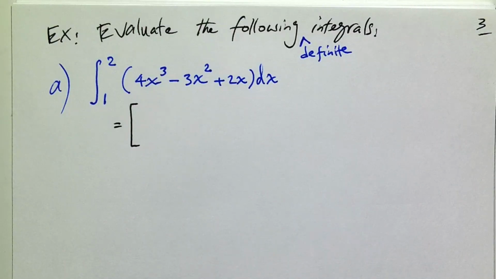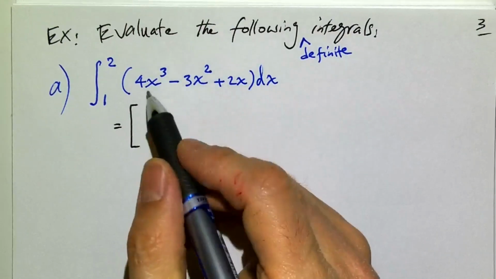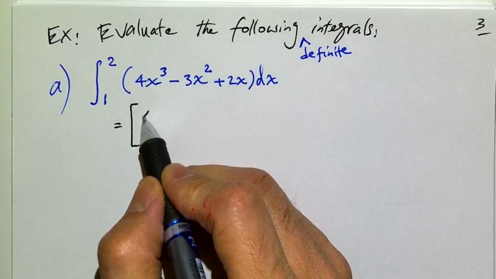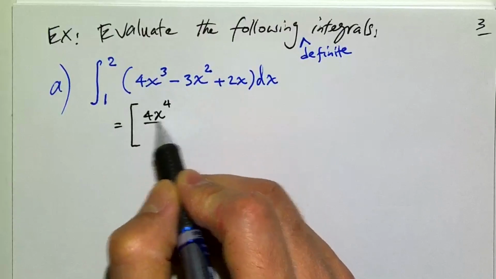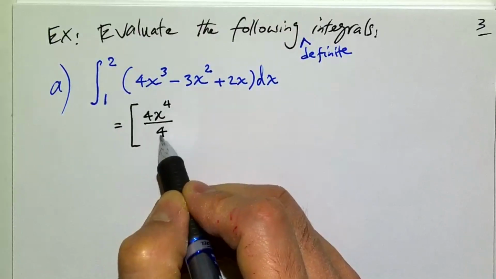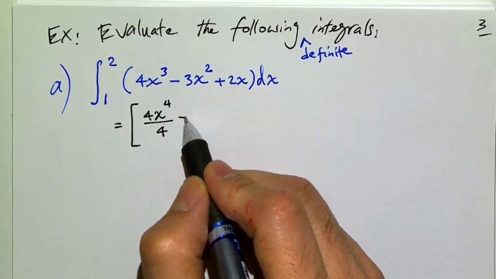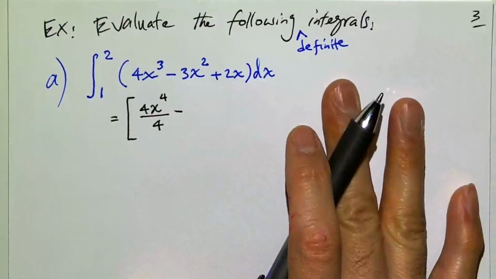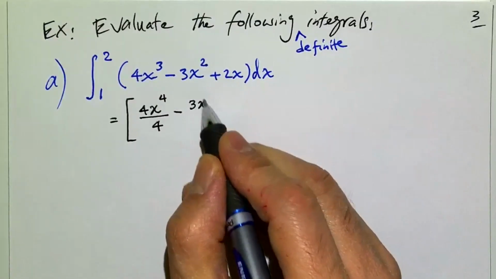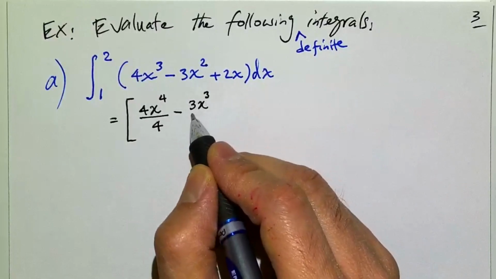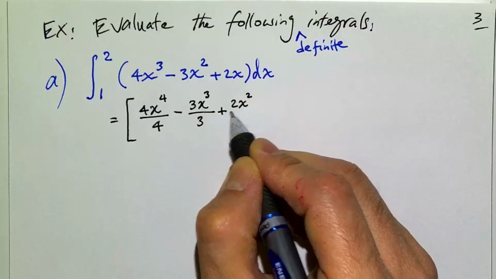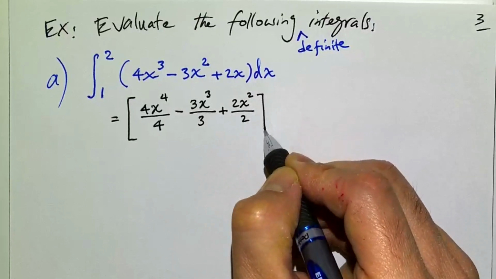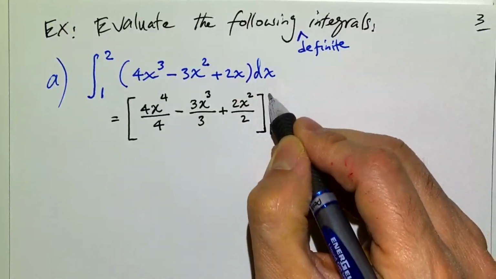Hopefully our solutions agree. Okay, so as we said, we want to add 1 to that power and then divide this expression by the new power, which is 4. And we'll do this for the other two as well. So 3x cubed, divide this by 3, plus 2x squared, divide by 2, and then 1 to 2.